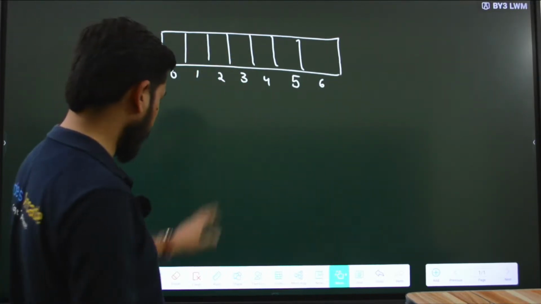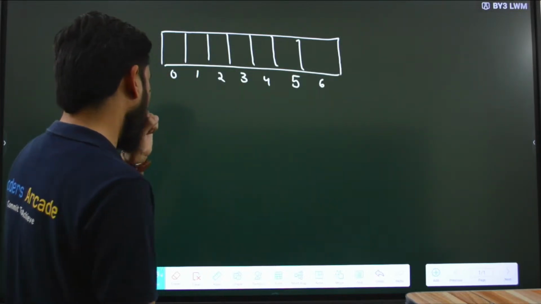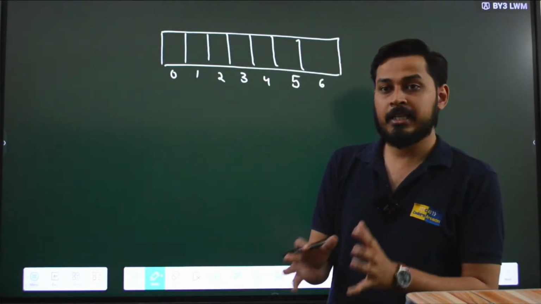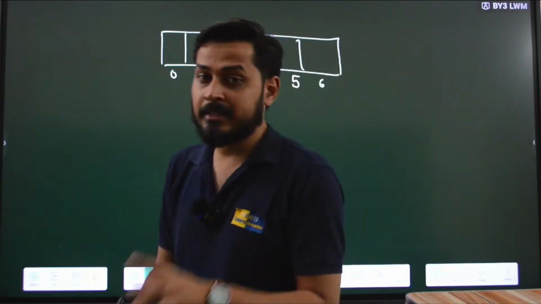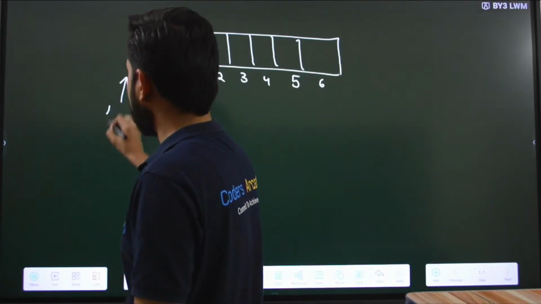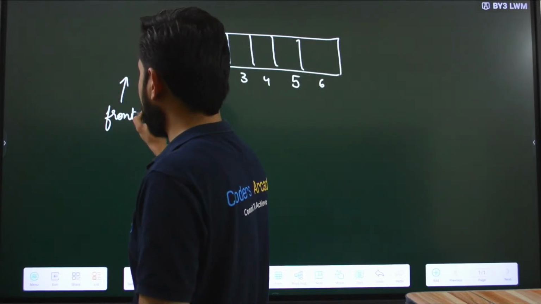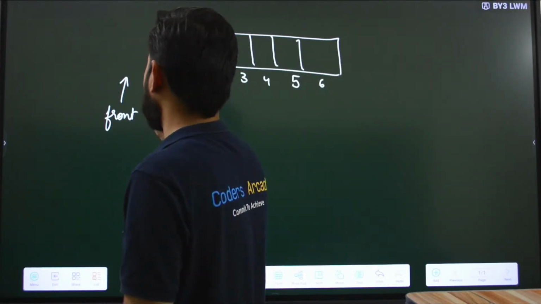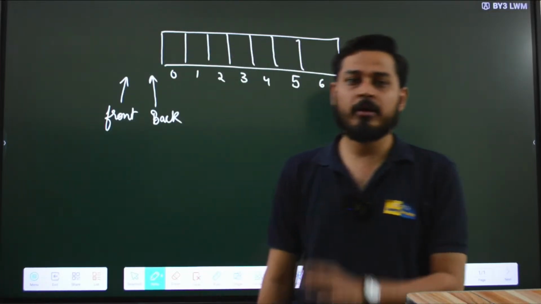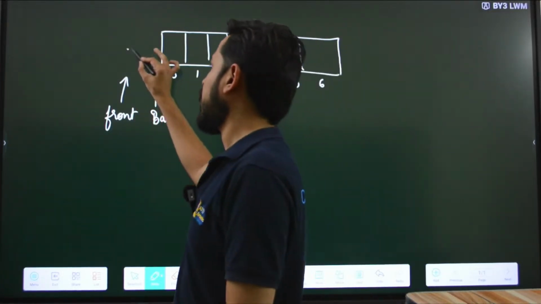For example, you have an array, and right now the array is empty. How will you denote that the array is empty? There will be two variables. One is front and another is back. They both will initially be pointing at -1.